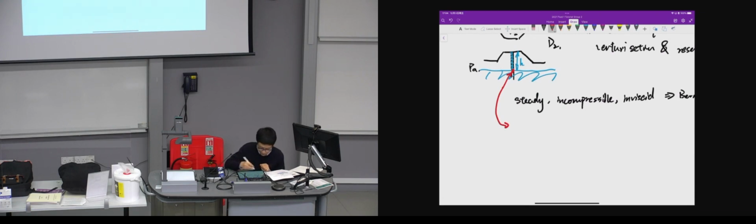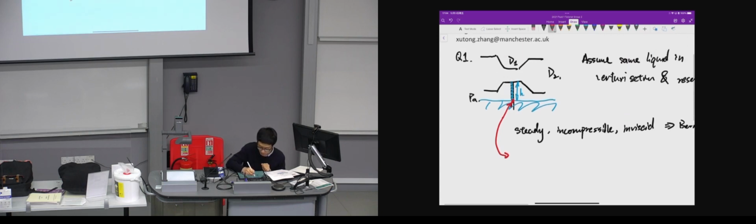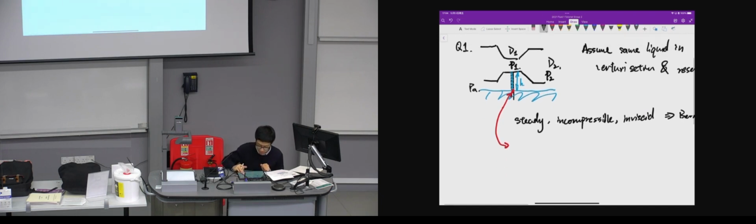We assume the pressure in the Venturi tube is P1 in the middle, and at the outlet is P2. So this gives us P1 plus rho times gravity times h, for this height h, should be the same as the pressure at this point, which is PA. So we first have this equation.